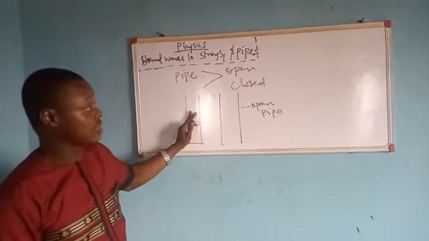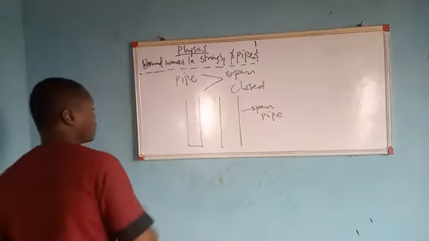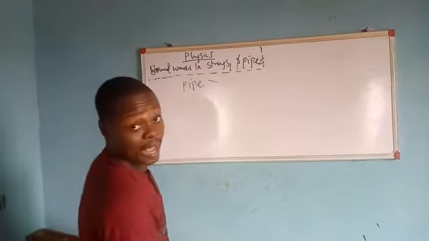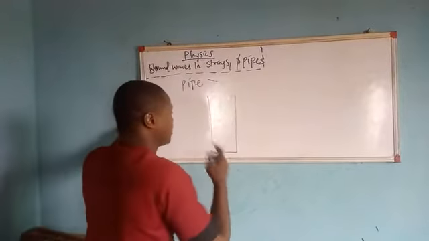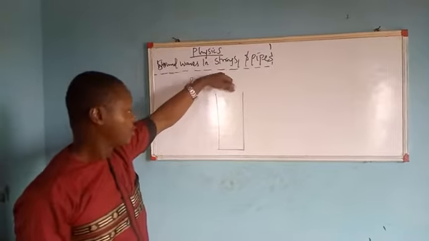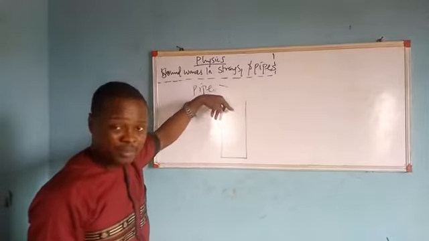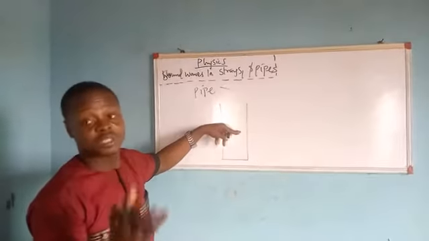So for the first one, let's talk about the closed pipe, the frequency produced in a closed pipe. For a closed pipe, when air is blown from the open end into a closed pipe, the air molecules in the pipe begin to hit the surface or the body of this pipe, thereby producing sound.